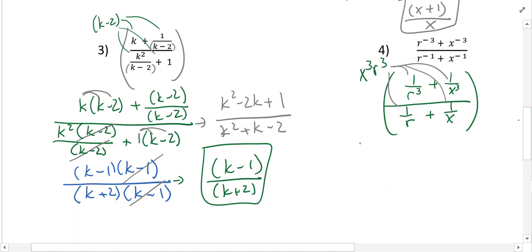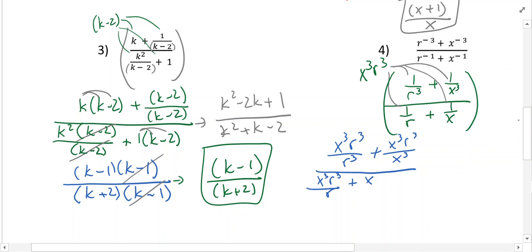So I have x to the third, r to the third, over r to the third, plus x to the third, r to the third, over x to the third, divided by x cubed, r cubed, over r, plus x cubed, r cubed, over x.